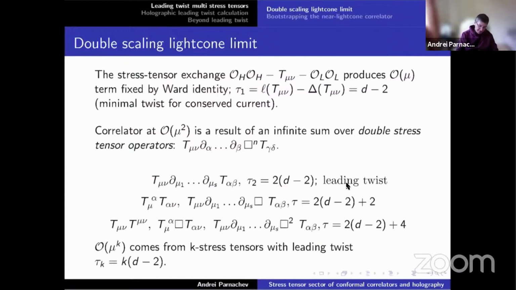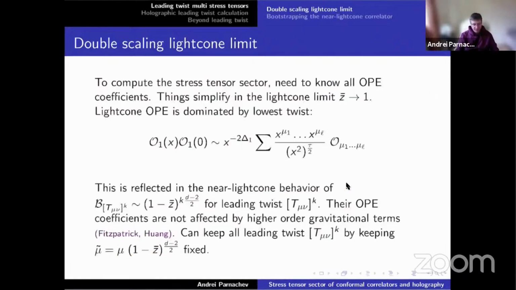Note that, as I said already, the contribution at order mu^k comes from k stress tensors. So the leading twist of these has twist k times d minus 2. Now, to compute the whole stress tensor sector, you need to know all these OPE coefficients, and that's kind of hard.